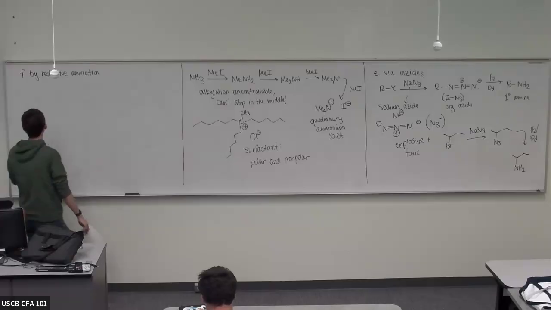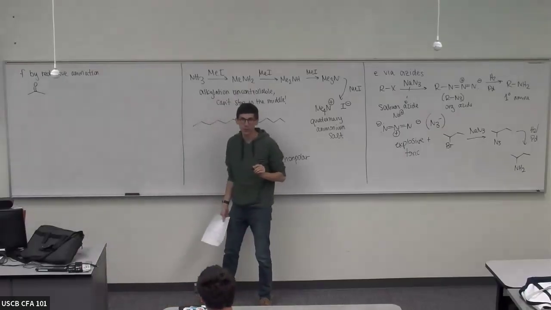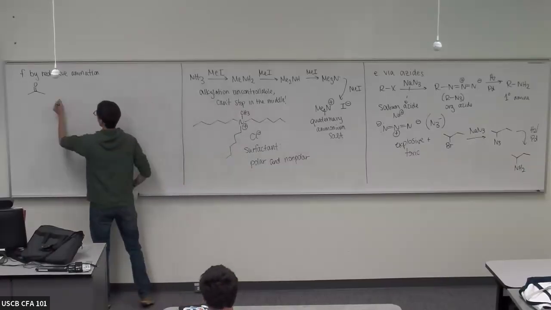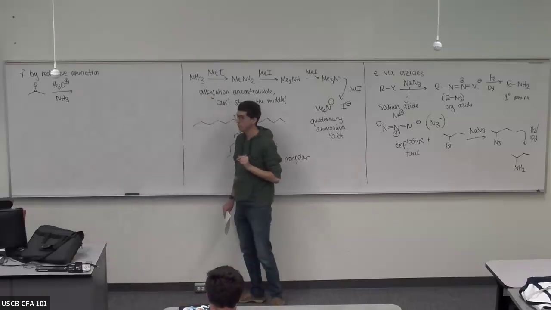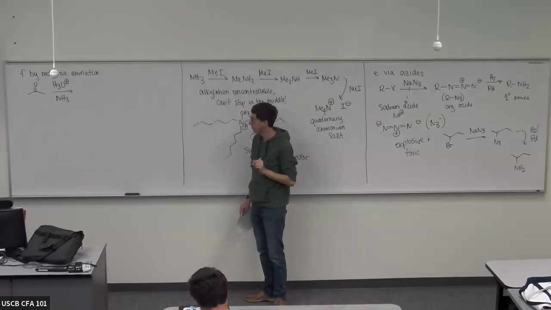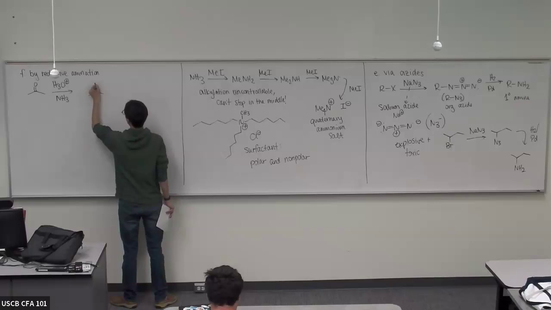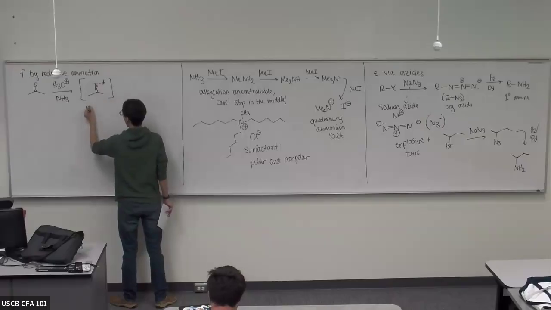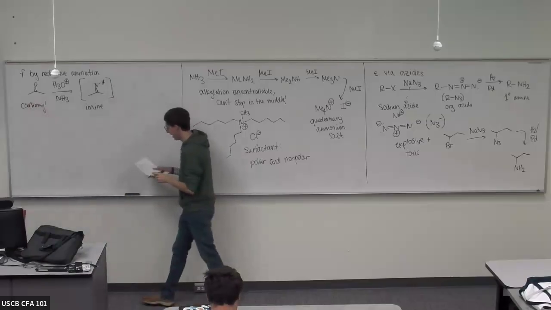So if we start from a carbonyl compound and we treat it with acid, and we use ammonia as an example, but we can swap that for other things, we get as an intermediate an imine.